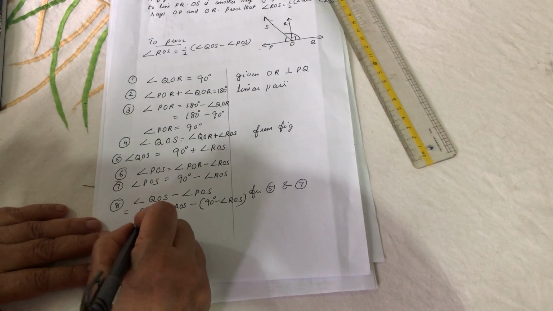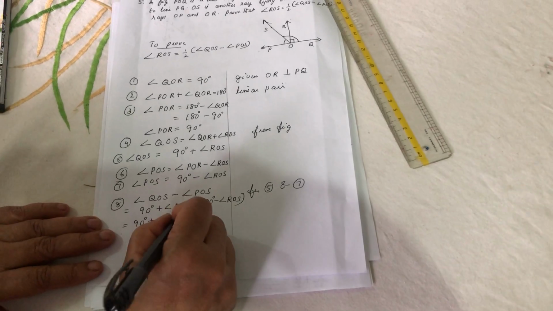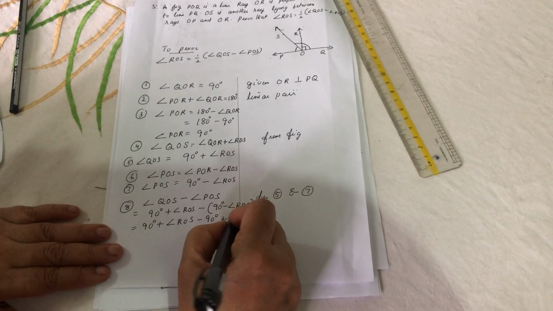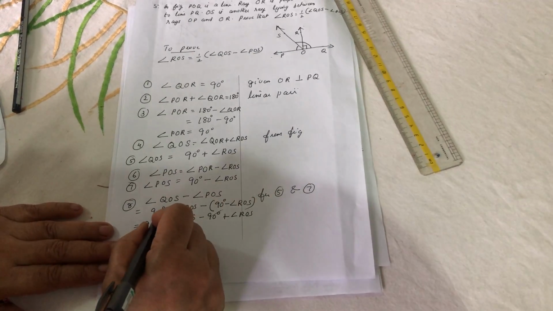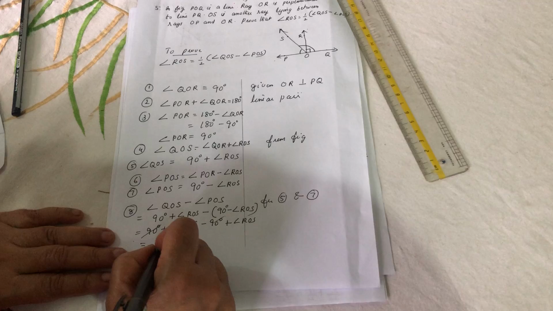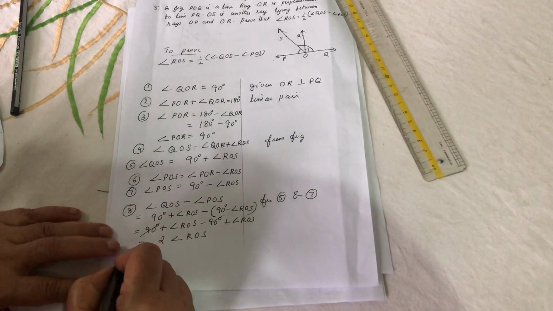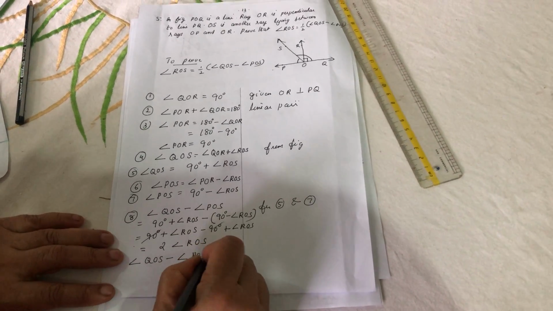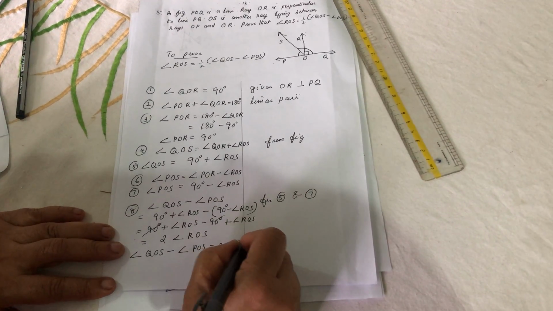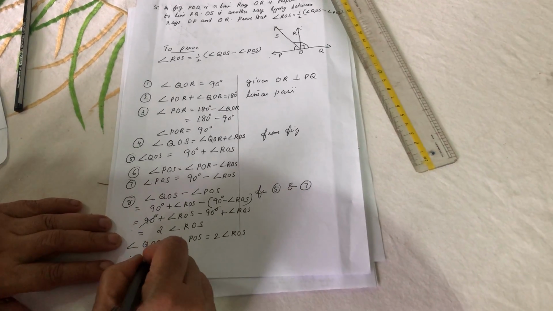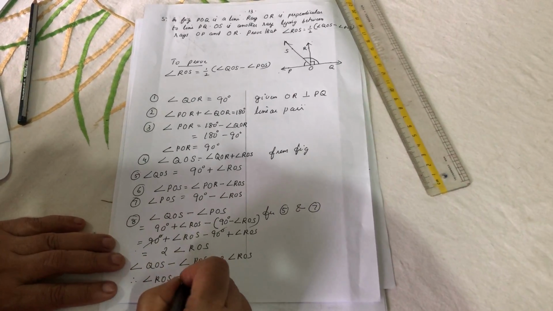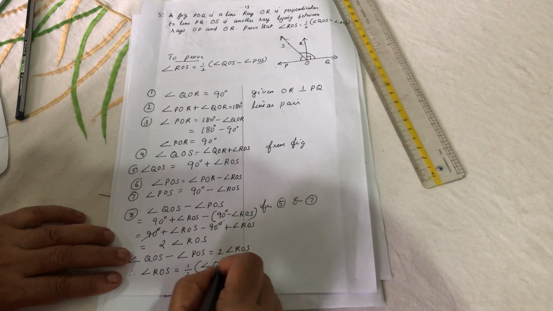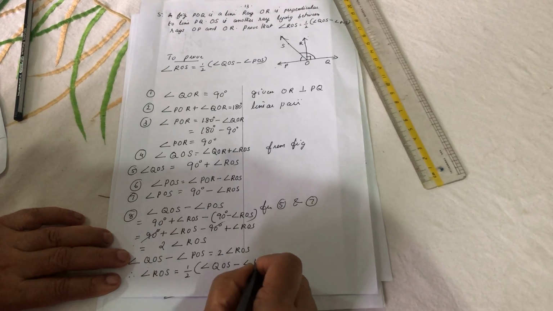So 90 plus ROS, when you open this bracket, minus 90 plus ROS, this 90 is cancelled, so it is 2 ROS. So you are getting QOS minus POS equal to 2 angle ROS. Therefore angle ROS equal to half into, this 2 will come here, angle QOS minus angle POS.